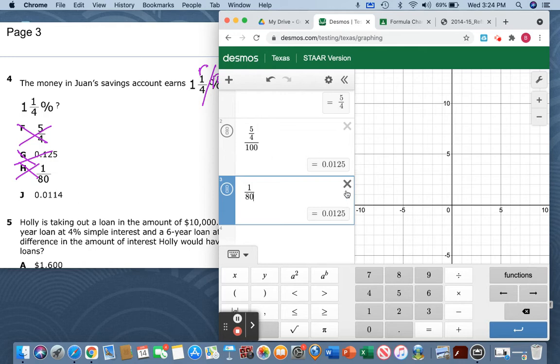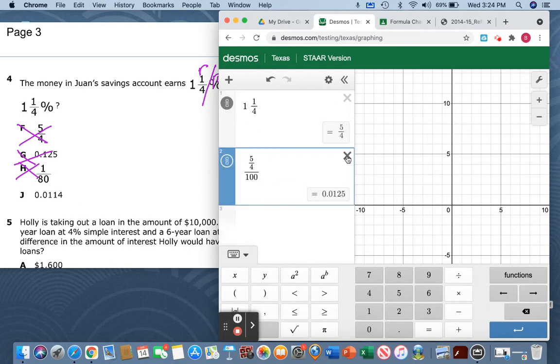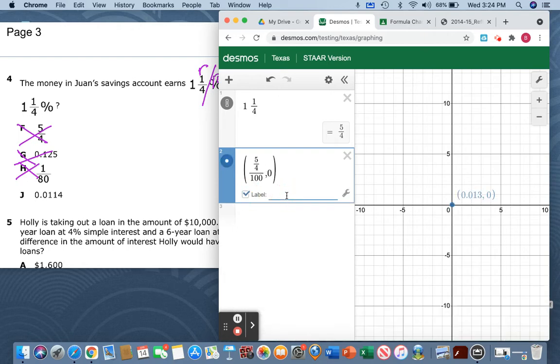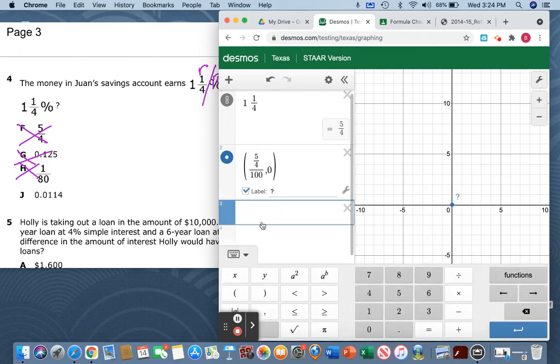So let's do that as an ordered pair with the original one and make sure that it shows up on the number line as less. I'm trying to just go to this line. Can I not? Oh, there we go. And we make it an X, right? Not a Y. Okay, I'm going to put 5/4, but make it a question mark as the label because that's answering the question.